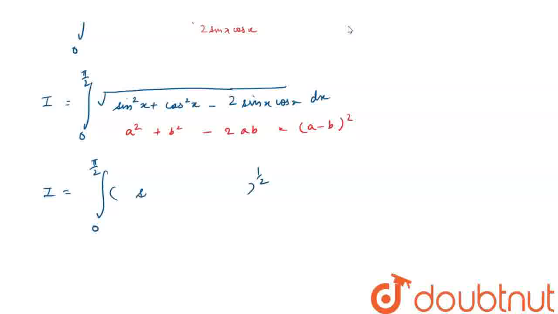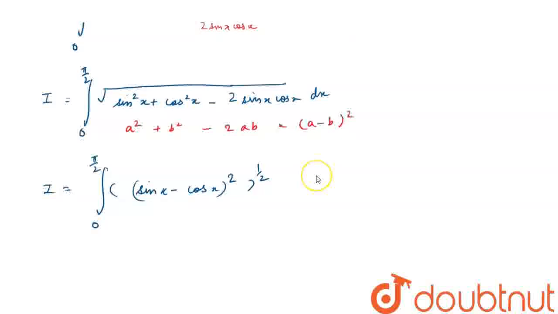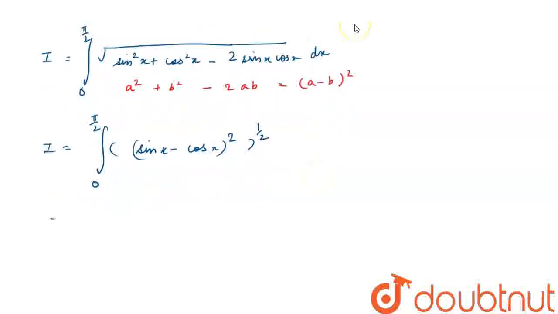So this will become sin x minus cos x whole square. Further we will have I equals 0 to pi by 2 mod of sin x minus cos x dx.